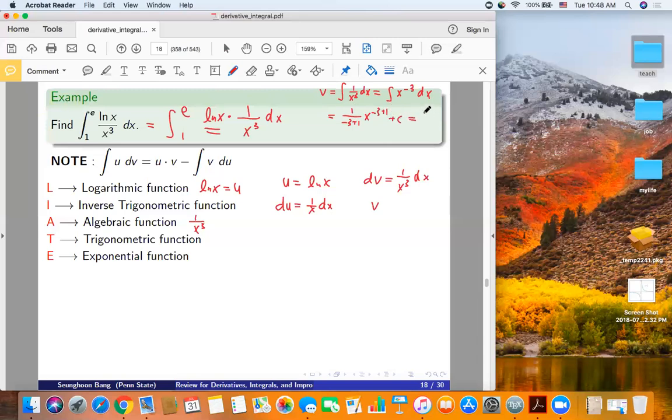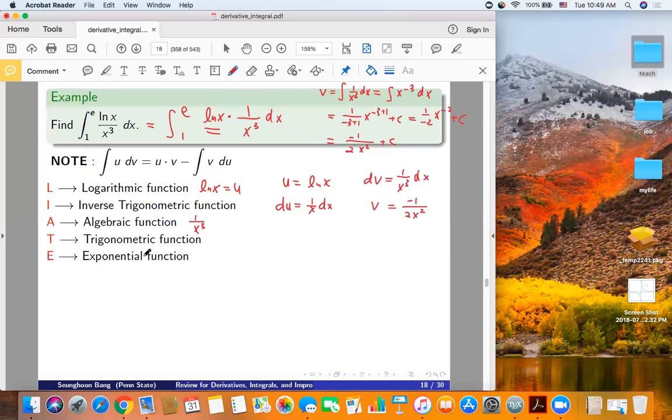So this is the same as 1 over -2 x to the -2 plus c. So we have -1 over 2 times x squared plus c. So in this case, you can use integration by parts. You don't need c. You can keep -1 over 2x squared.